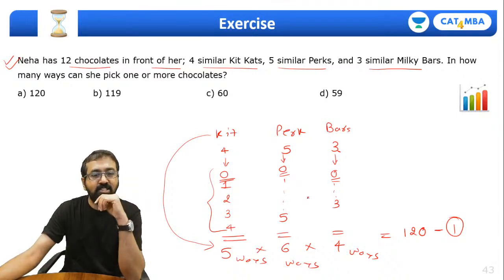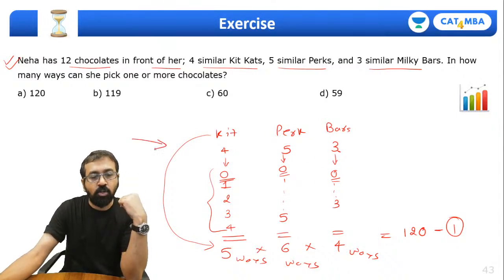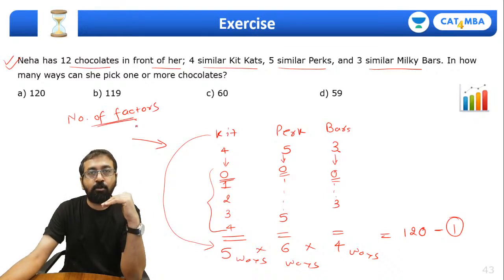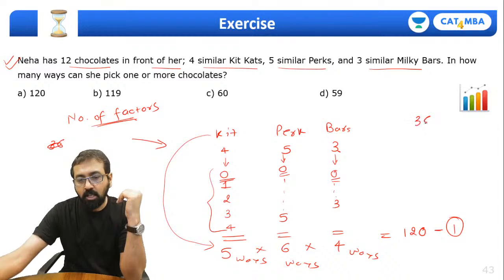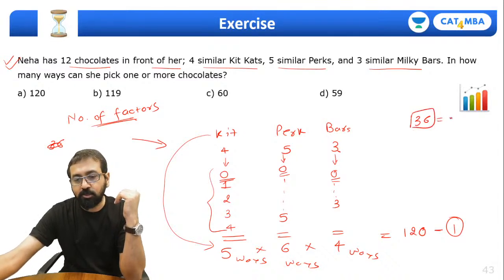Okay. In fact, guys, if you understand, we are applying that concept of number of factors. If you remember, I had explained this point. How did we get that formula of number of factors? P plus 1 into Q plus 1 into R plus 1. So for example, for a number like 36, how many factors are there for 36? What is the prime factorization of 36? 2 square, 3 square.